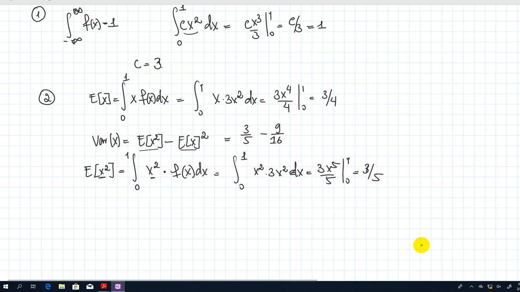In the third part, you need to find the conditional probability that x is less than 3 over 4, given that x is more than 1 over 2.